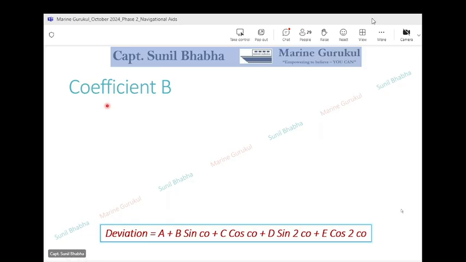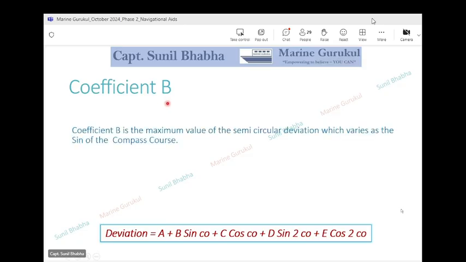Now let's move on to the second coefficient, that is coefficient B. The definition says coefficient B is the maximum value of the semicircular deviation which varies as the sine of the compass course.